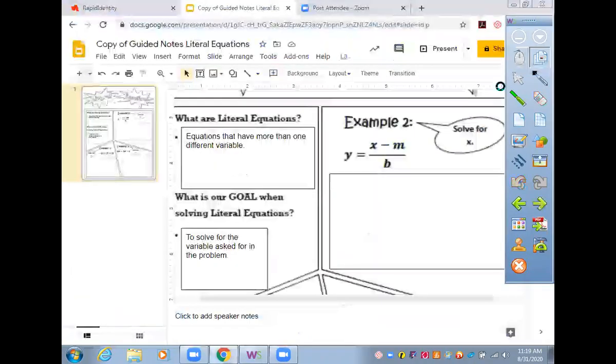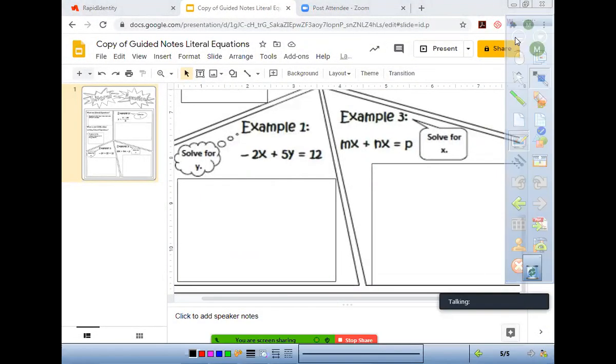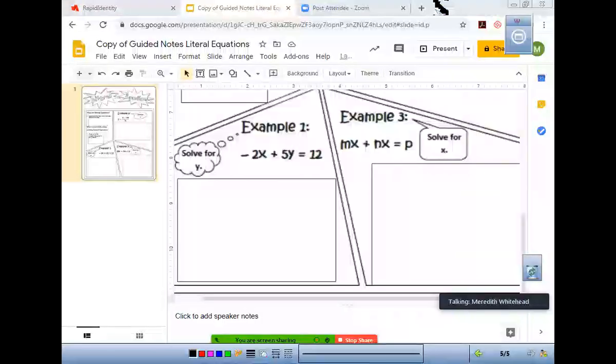Now I want to go back to example number 3 that was on the guided notes page. So here we go, example number 3. We want to solve this for x.